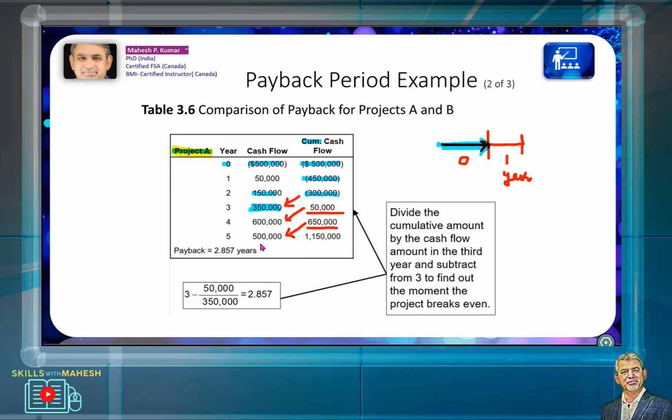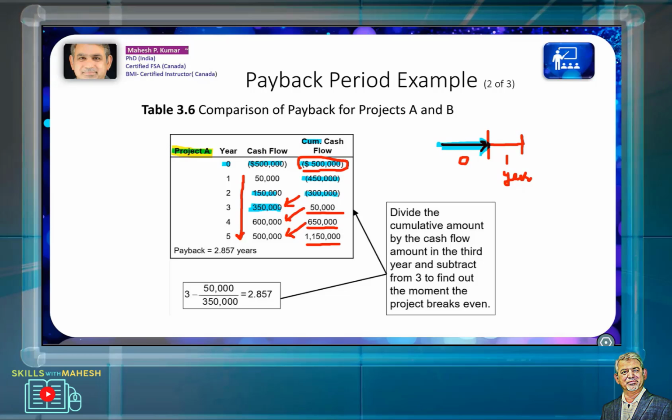And on top of that you made 500,000, and now you are at 1,150,000 in the fifth year. So that is cumulative cash flow, right? Before starting you had to incur 500,000, and after that you made revenues which are plus, so only the values in brackets are negative.